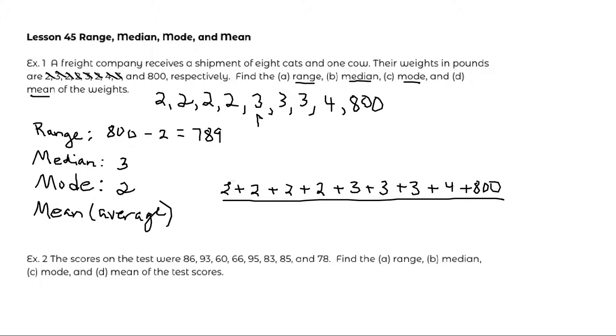So we count our items, 1, 2, 3, 4, 5, 6, 7, 8, 9 items. So we're going to divide it by 9. And that ends up being 821 divided by 9. So the average, or the mean, is 91.22. And it's kind of interesting because you have this 800-pound cow that's throwing everything off.